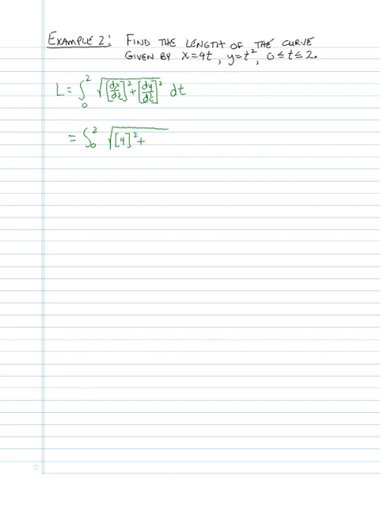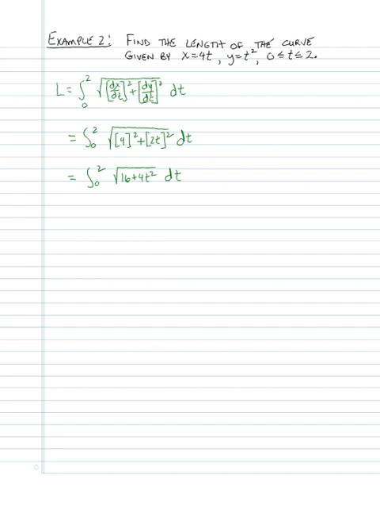And the derivative of y with respect to t is 2t. So here we have a 2t squared. And we're integrating with respect to t. So as we calculate that, that's the integral of 16 plus 4t squared with respect to t.